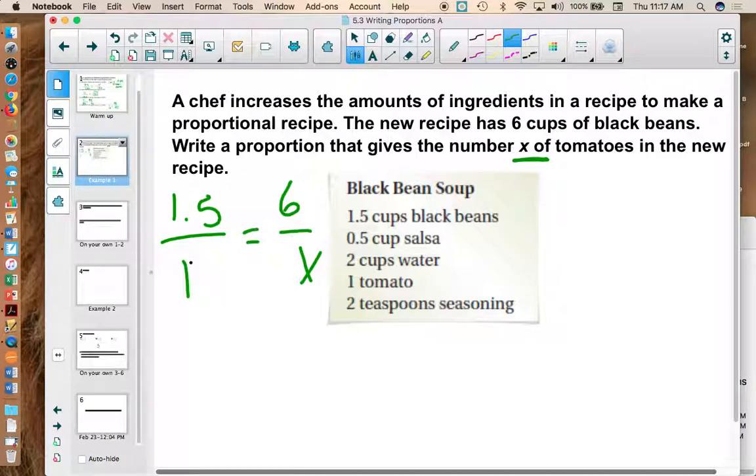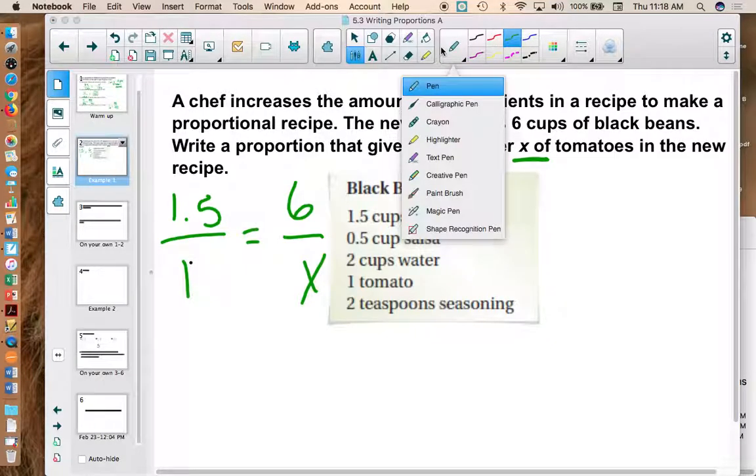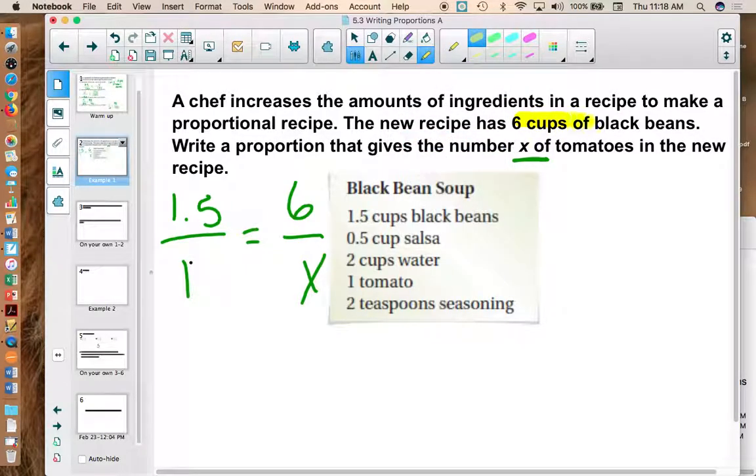Whoa, let me fix that. It does say I have 6 cups, doesn't it? Okay, so I was right. 1.5 over 1 equals 6 over X. It said here, the new recipe has 6 cups of black beans, and it says that gives the number X of tomatoes.